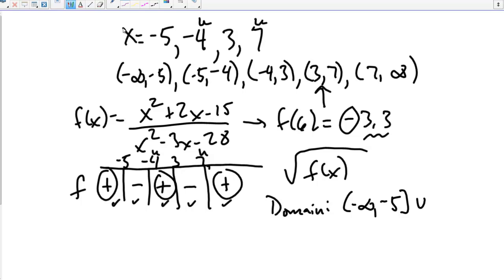We also can then have between negative 4 and 3. We don't want to include negative 4 because it's undefined there. We do want to include 3 because that's just where the function's 0.